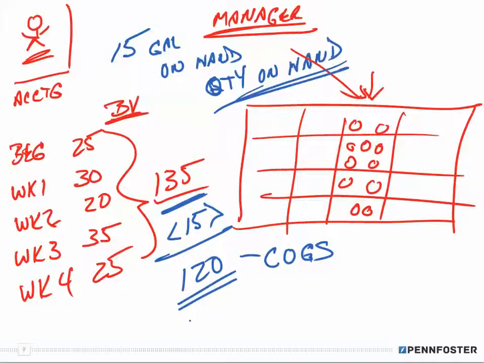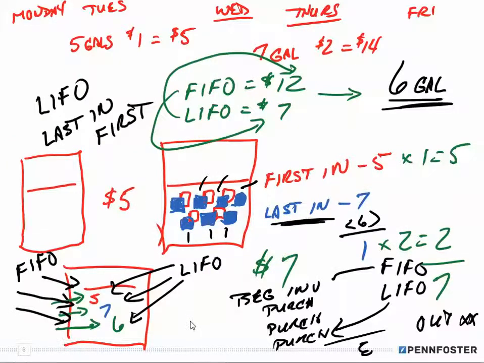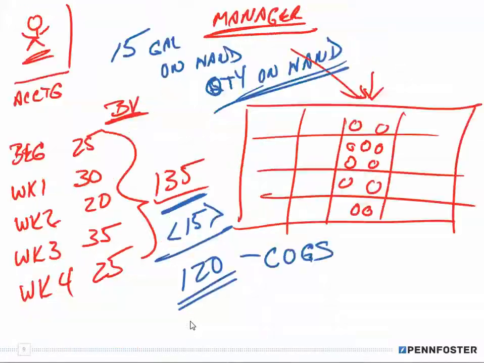But now the question becomes, and here's where we go back to thinking about the refrigerator, and that simple example of 5 and 7 gallons. Well, we did the same exact thing here, sort of.